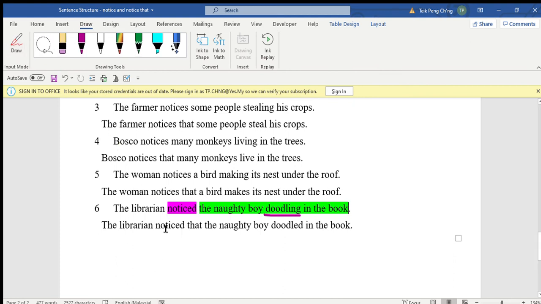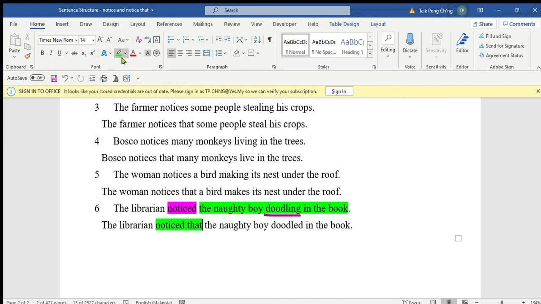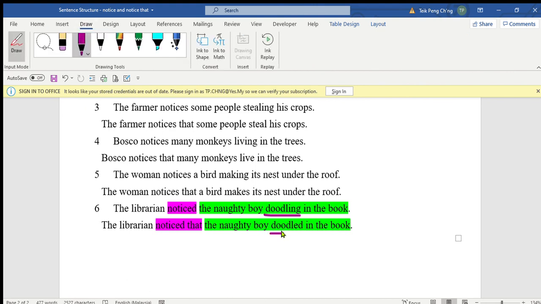When you are using notices that with a sentence as the object, your verb must concur with the subject. Okay, that's all for today.